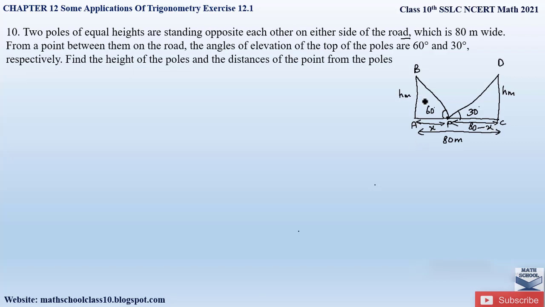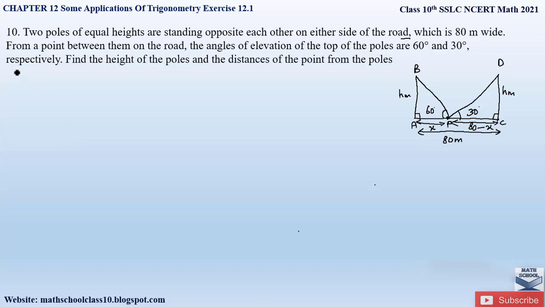Here you can observe that two right angle triangles are formed, that is ABP and PDC. Since the poles are vertical to the ground, right angles are formed. Now since these are right angle triangles, we can apply trigonometric ratios and determine the height of the pole and the distances of the point from the poles.